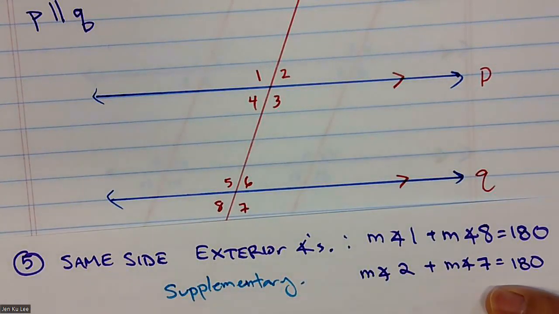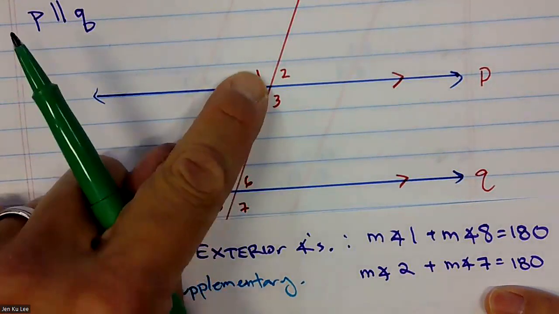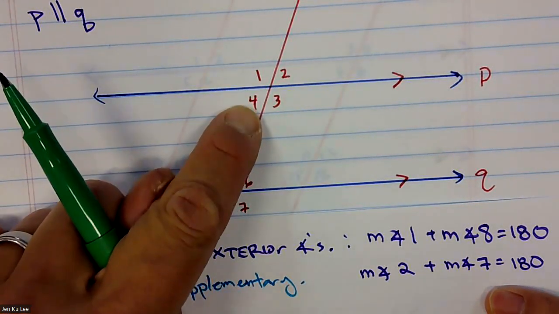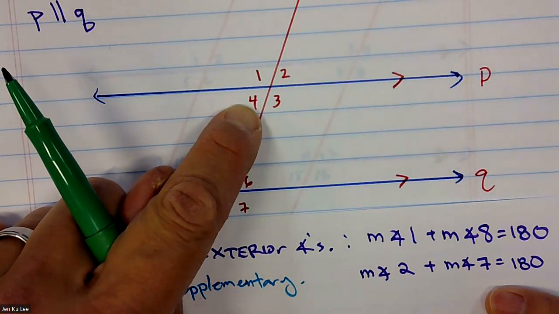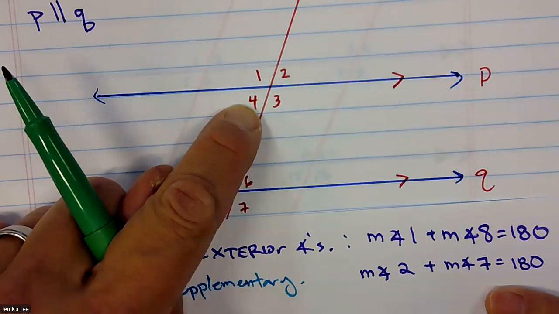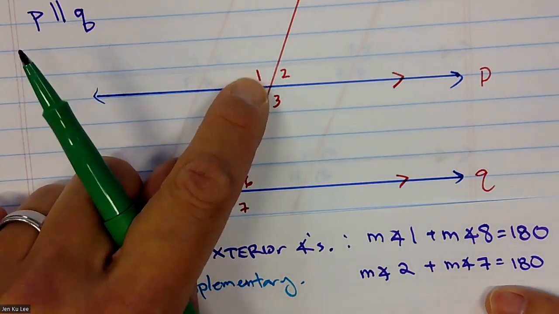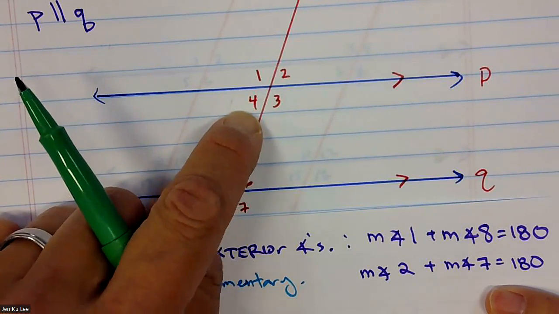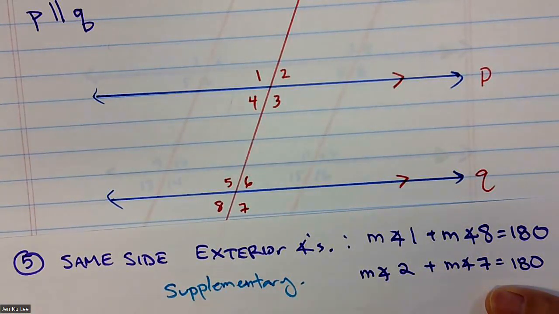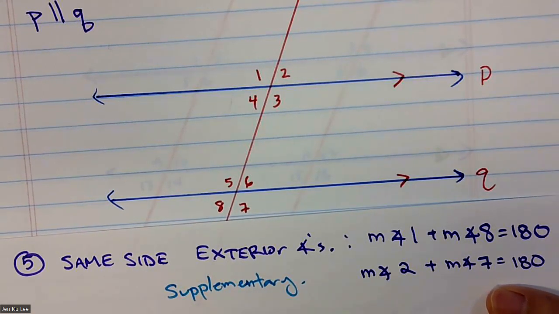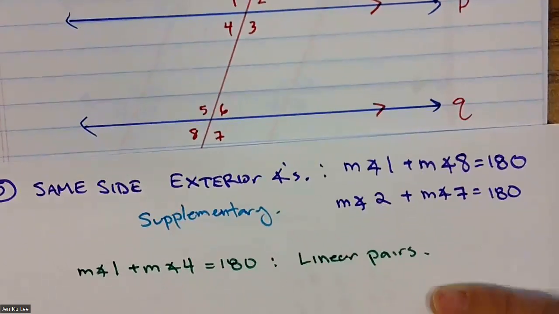Okay. And how we go about proving it would be, look, angle 1 and angle 4 are linear pairs, right? So I can say measure of angle 1 plus measure of angle 4 equals 180 because of linear pairs, right? Oops, you guys can't see that.